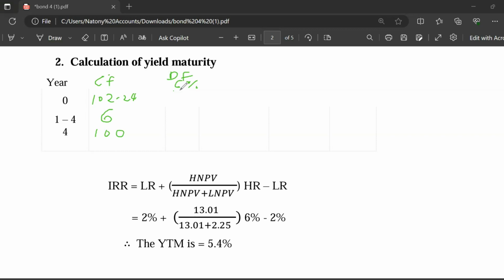For year zero, the discount factor will be 1, and the PV of the cash flow will remain, so this is an outflow, so I have to put it in brackets.